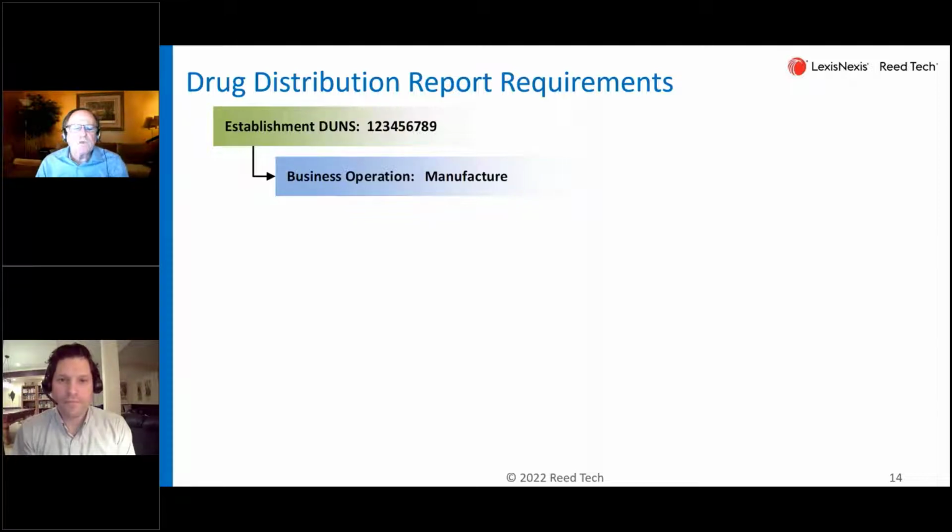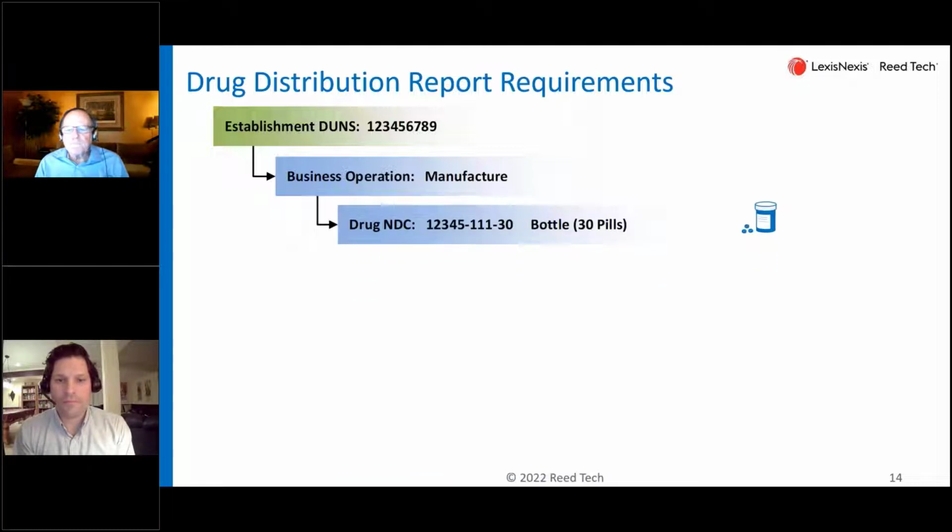I have the first business operation here as manufacturer. And then let's say manufacturing a product that has 30 pills in a bottle, and my product 111 there is my drug NDC. So I would need to identify that as the innermost package.